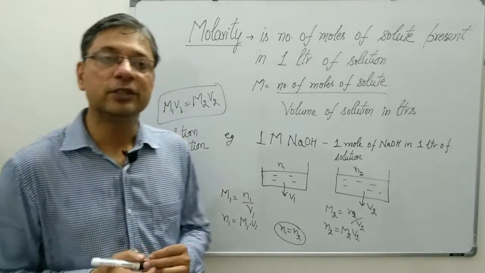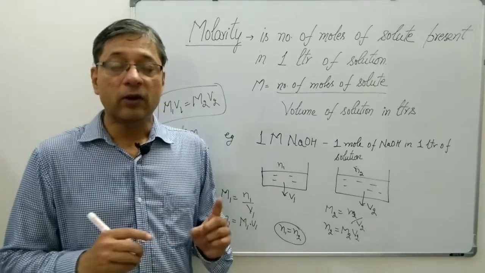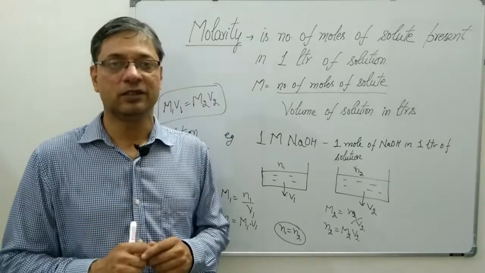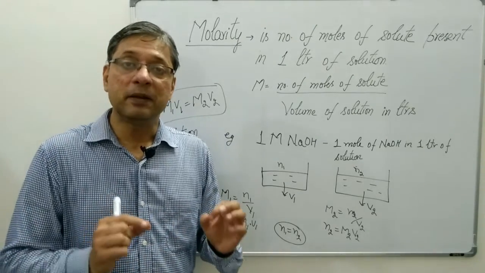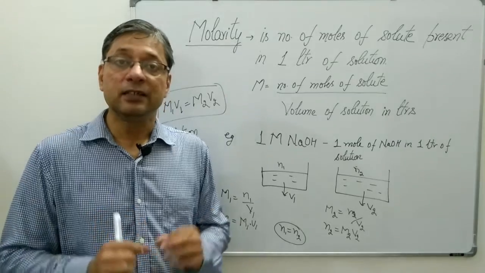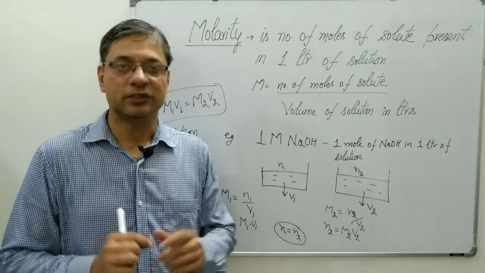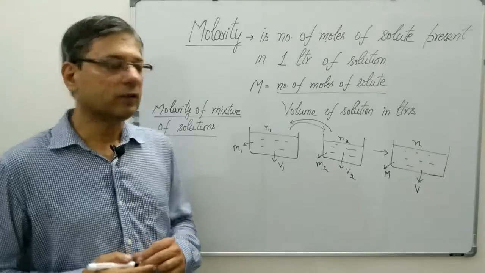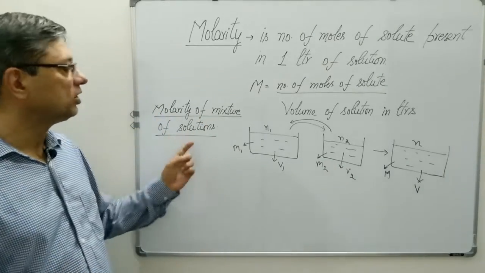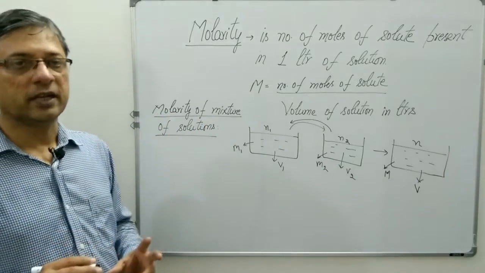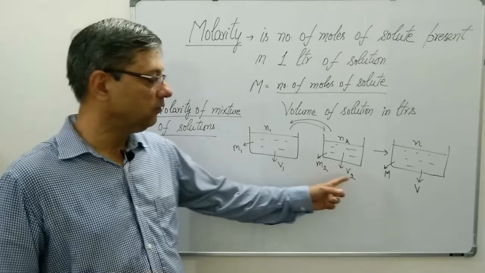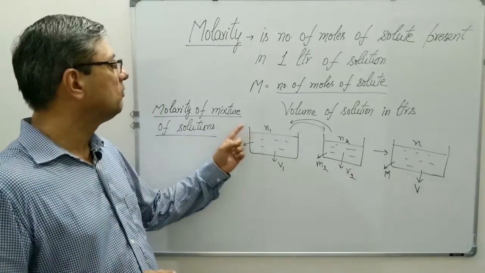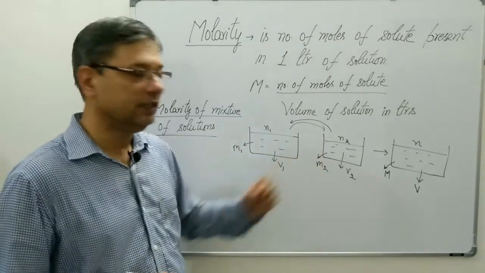This is also known as the dilution equation. We can also deduce a formula for calculating the molarity of a solution which may be prepared by mixing two different solutions having different molarities. We are calculating the molarity of a mixture of solutions. Two solutions are given having volumes V1, V2, molarities M1, M2 and numbers of moles of solute N1 and N2.